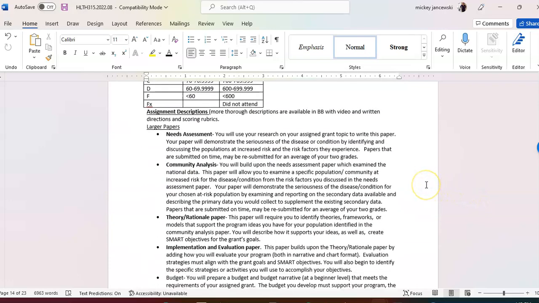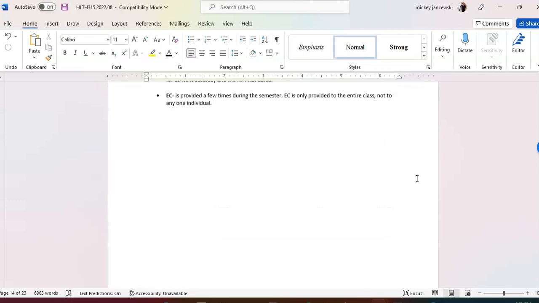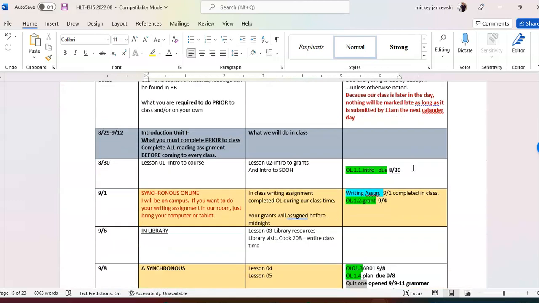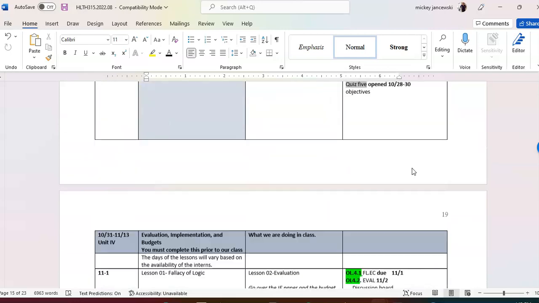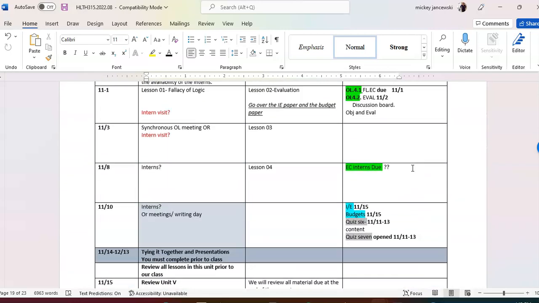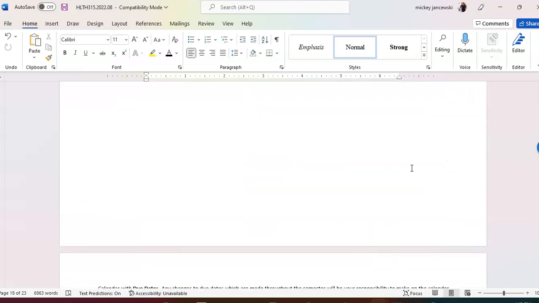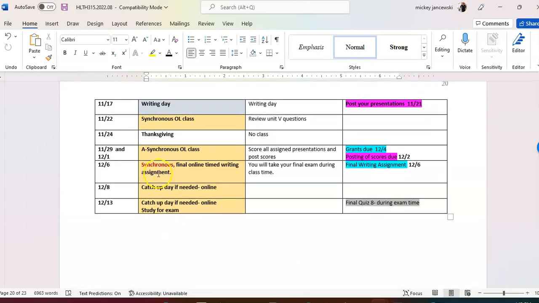The grading description of the assignments goes through here, and then pages 16, I think, through 19 or 20 is the course outline, telling you what's happening. Dates that are orangish are synchronous online. That means we're meeting together.